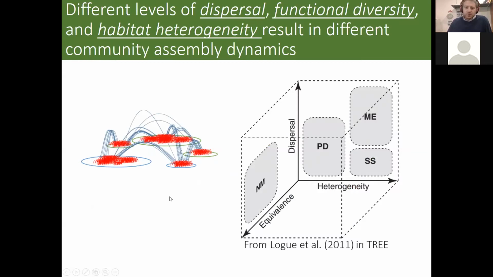And these four different, what they call metacommunity paradigms, I like to think of as signposts or reference points within this dynamic space that give us an idea of what sorts of community assembly dynamics begin to occur given a set of parameters. So if we have high equivalence amongst our species, we're more likely to observe neutral model dynamics. If we have high habitat heterogeneity and a lot of dispersal, we start to see mass effects.